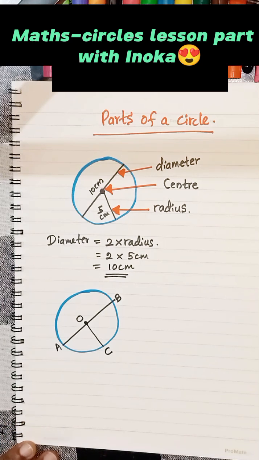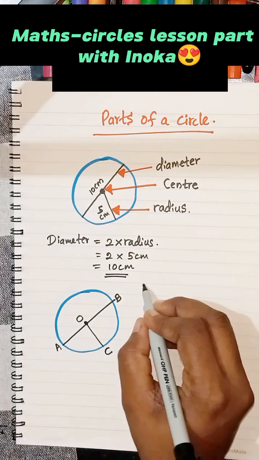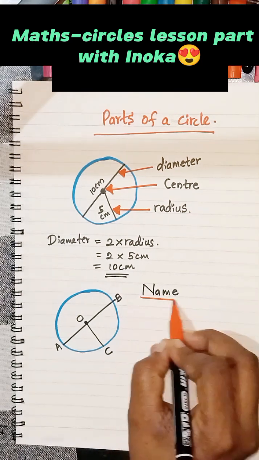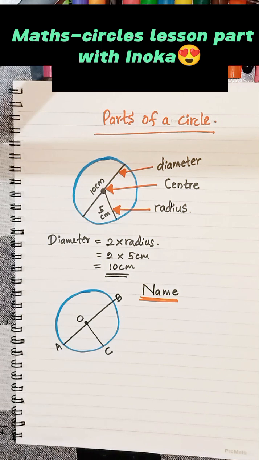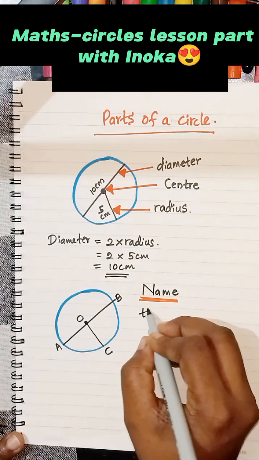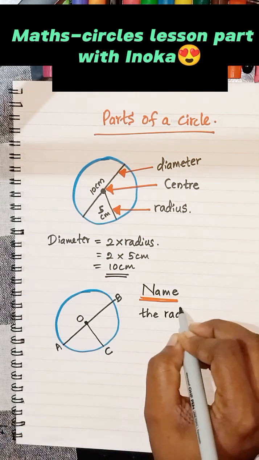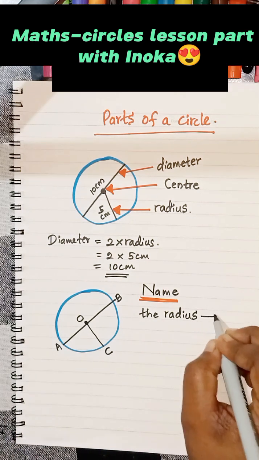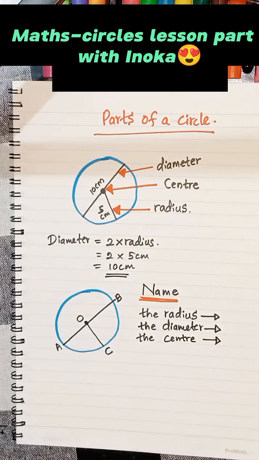Now we'll start to name it. They ask to name the radius, and second thing they can ask, name the diameter and name the center.